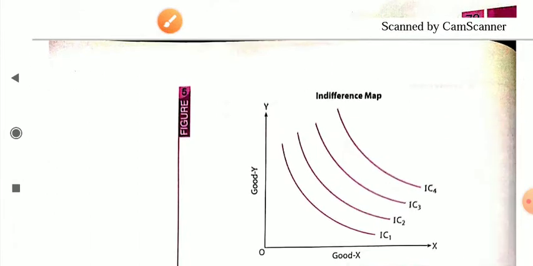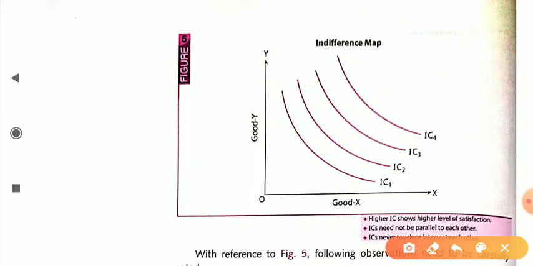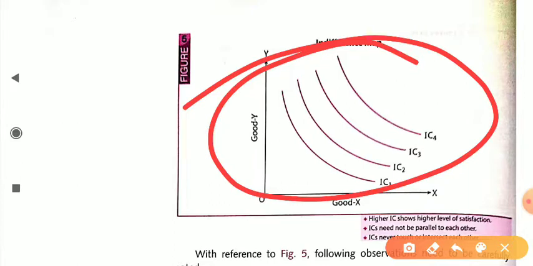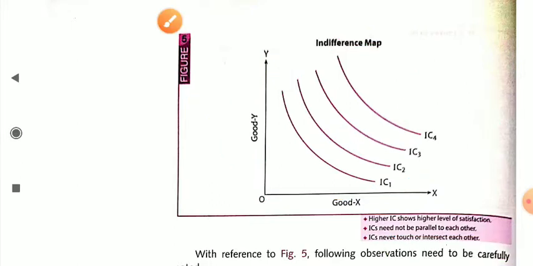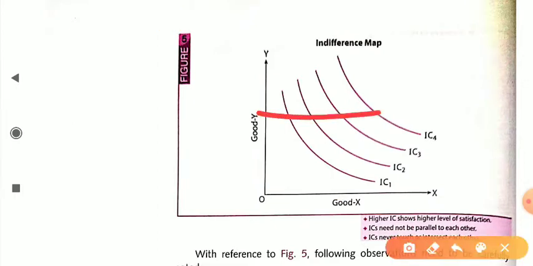Next, a higher indifference curve shows a higher level of satisfaction. This is also one of the important points. Suppose we have different indifference curves 1, 2, 3 and 4. Always keep in mind that the higher the indifference curve, the higher the level of satisfaction. Suppose you are at point A, which is on IC4.